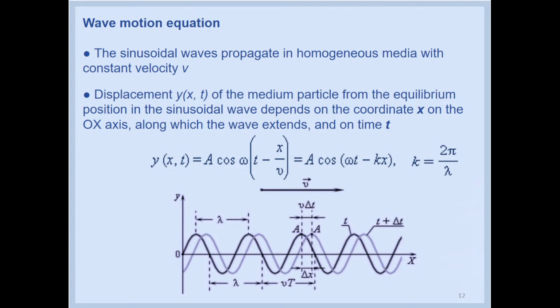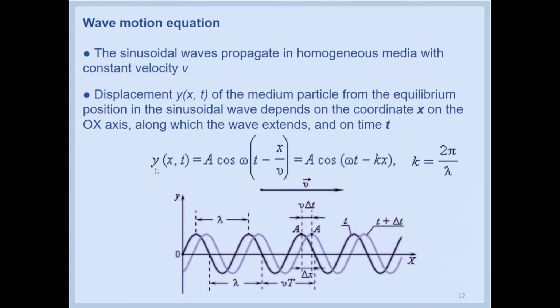What is this? This identifies, determines the position of any particle of interest in the medium at a moment of time that is of interest. Look here, this position, as was said already, depends on the distance from the source and changes with time.